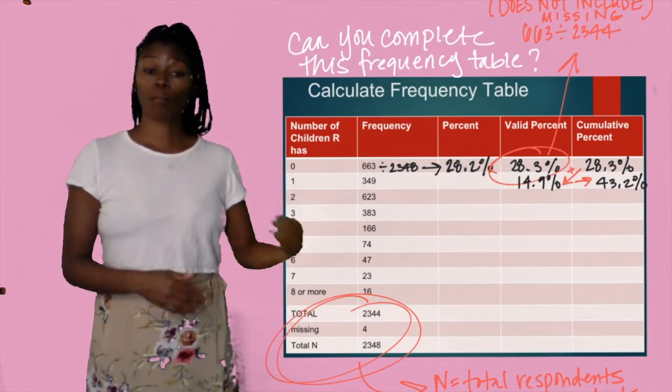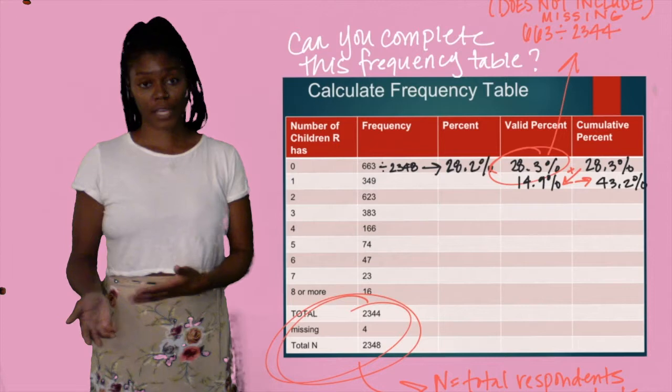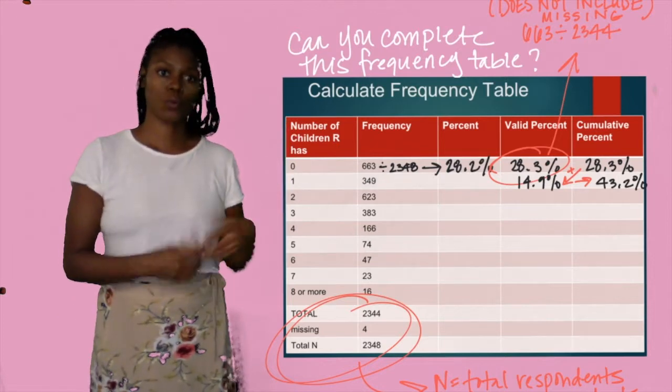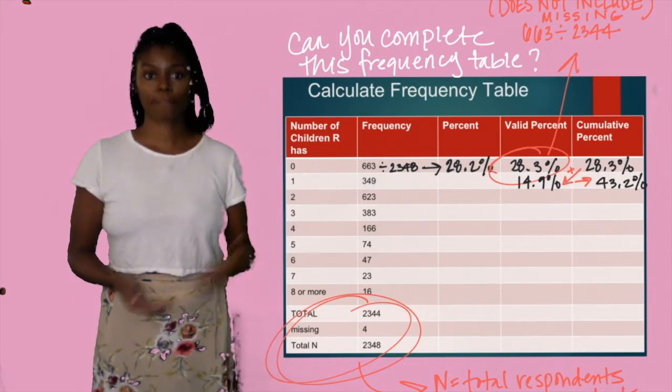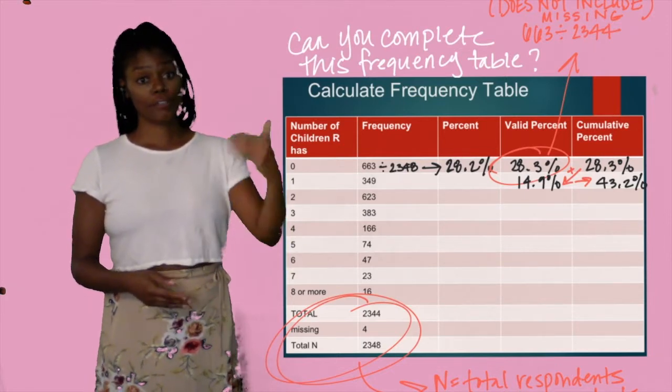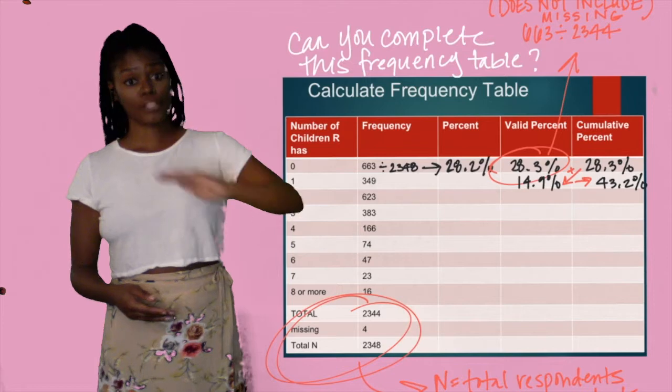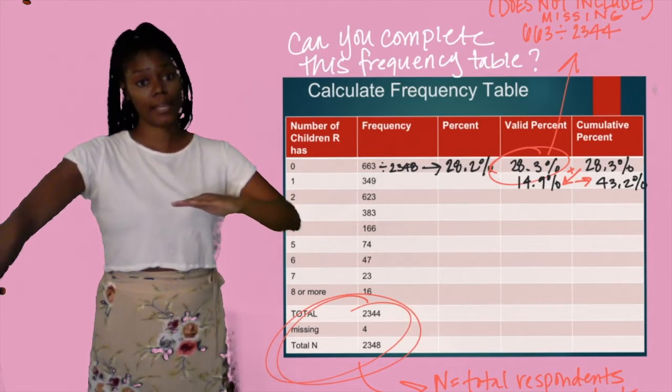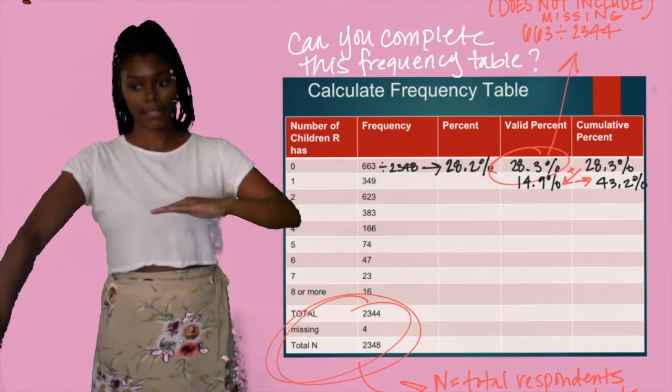We generally care more about valid percent than regular percent when we're doing these sorts of calculations. So to calculate valid percent, you would divide the frequency by the total number of cases minus those missing cases.